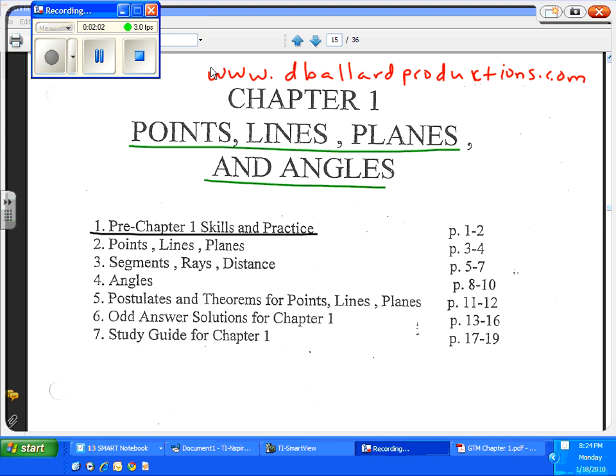We're going to begin then the study of geometry with points, lines, and planes. Those are undefined terms. And then we will use those undefined terms to make some definitions.